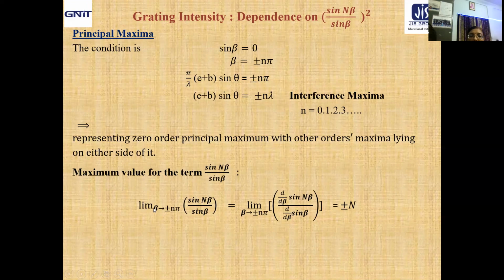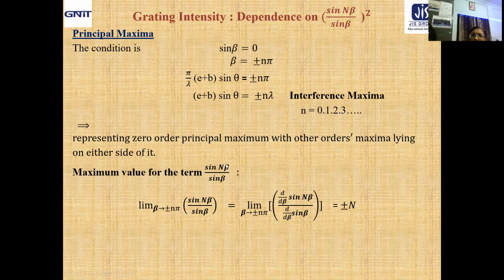If you directly put the value, what will you find? 0 by 0, indeterminate. So we have to use L'Hospital rule. Accordingly, we take d by d beta of sin n beta by d by d beta of sin beta. Just look at the result: it is plus minus n.